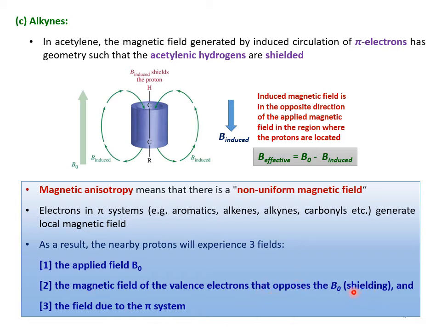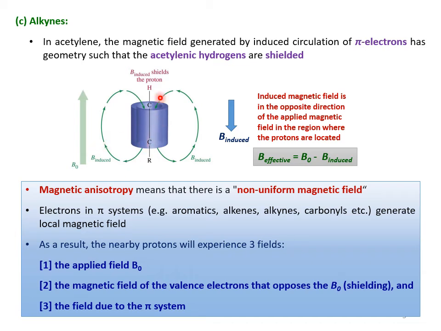However, the magnetic field generated by the pi electrons has an anisotropic effect. In one direction it is aligned with the magnetic field, and in the other direction it opposes the magnetic field.